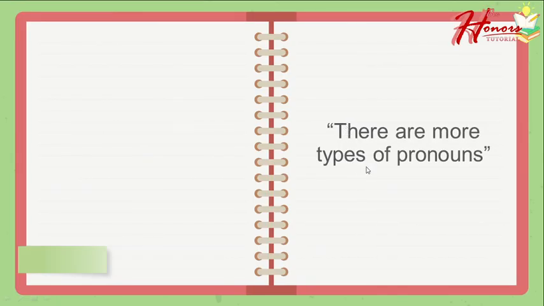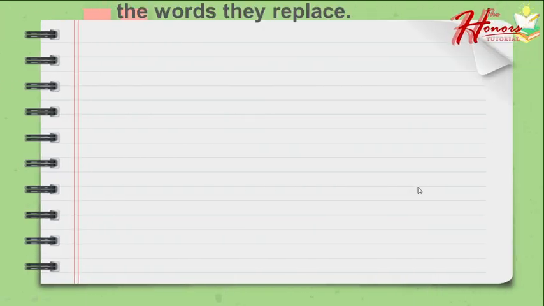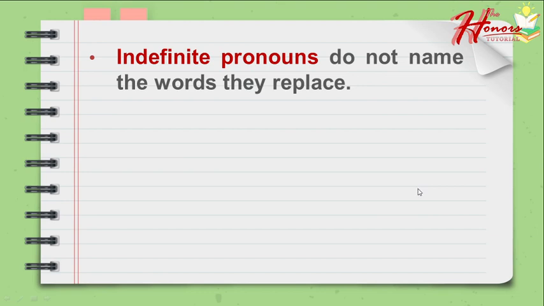So there are more types of pronoun. Now let us study each of them. For the first one, we have what we call the indefinite pronoun. From the word itself, indefinite, these are the pronouns that do not name the words they replace.